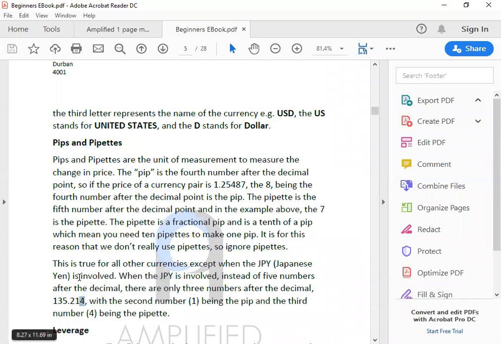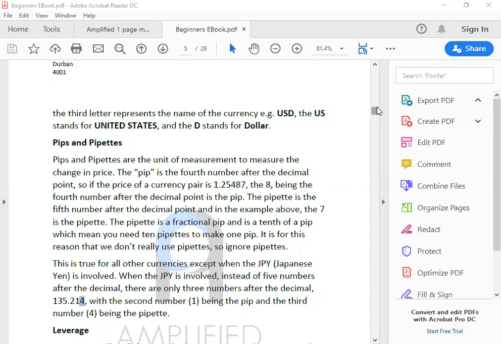As I'll show you guys when we're doing the platform orientation, we'll be able to look at markets move and measure the amount of pips, potential pips we can make in a trade example.